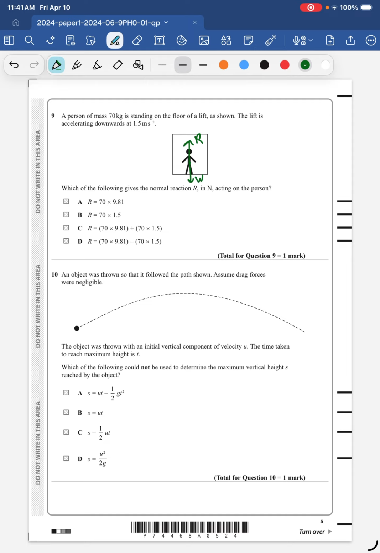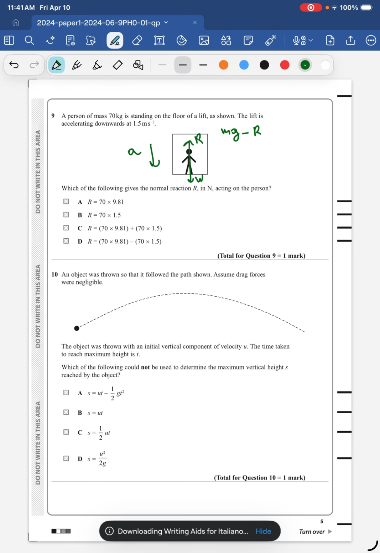Okay, but it's moving downwards with an acceleration a. Therefore, the equation of motion is m times g, which is the weight, minus the reaction, should be equal to ma. Okay, why is the weight taken as positive here? Because the acceleration is downwards in the same direction as the weight.